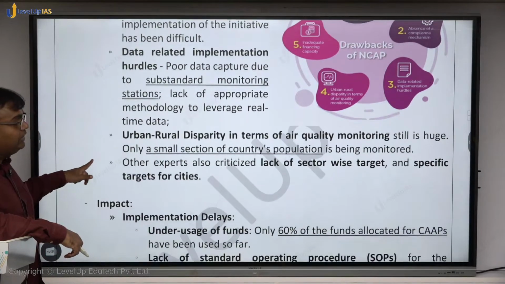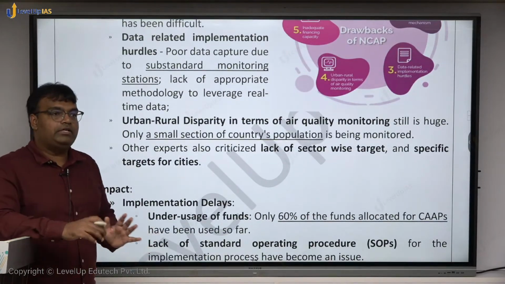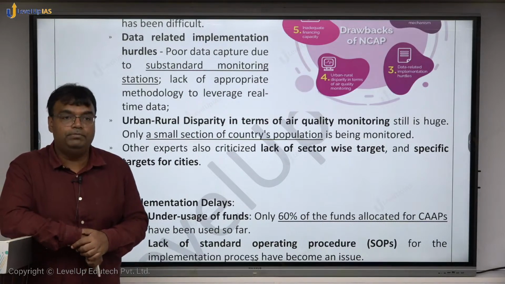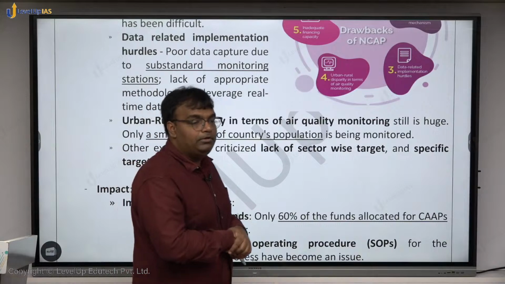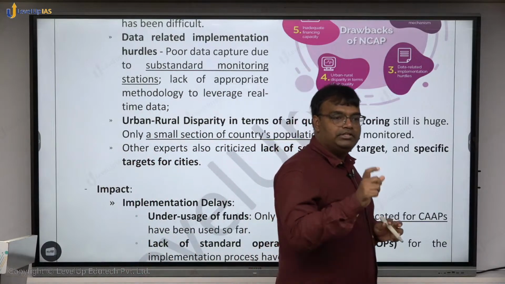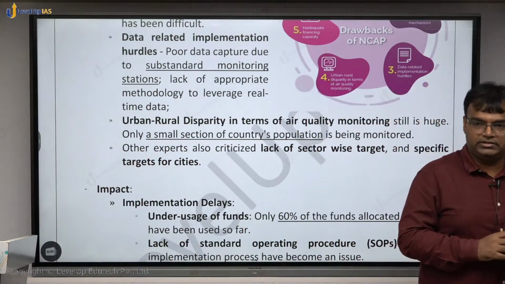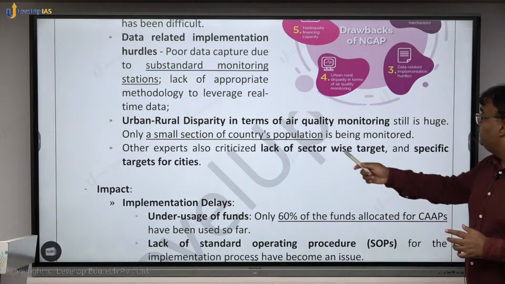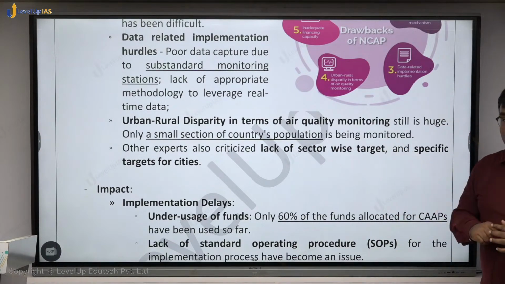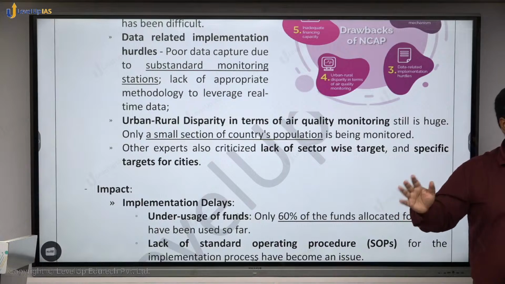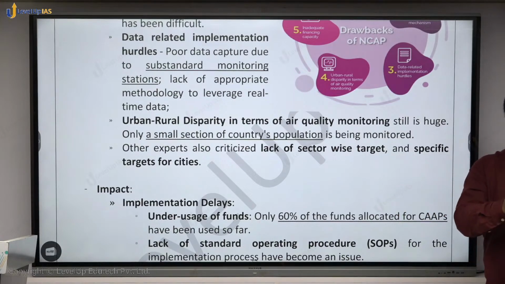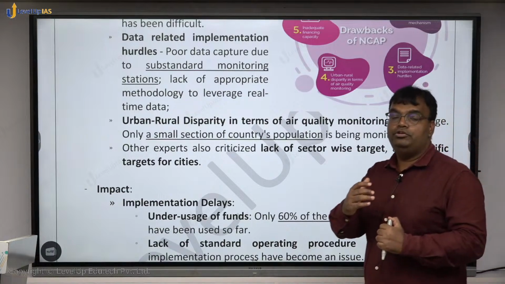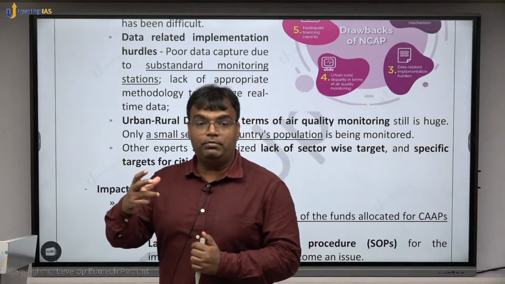And finally, we have a target ki 20% or now 40% PM 2.5 and PM 10 reduction would be there, but we do not have city specific, sector specific targets. Like lack of sector wise target. So transportation sector में इतना reduction होना चाहिए to achieve that. If you really want to achieve 20%, 40%, like जैसे आपसे बोला जाता है कि in your mains examination you have to improve your marks by 100.